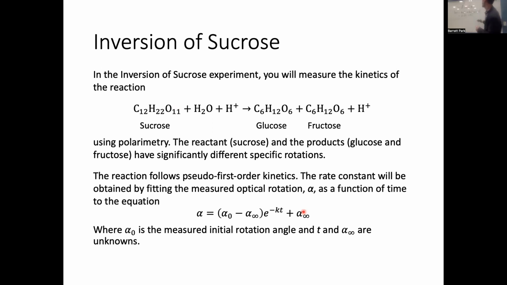We have a situation where there's another constant added to the end of this expression. So if you have y equals some constant times exponential of minus kt plus some unknown, alpha infinity, now it's not possible to do this trick where you take the natural logarithm of both sides, right?